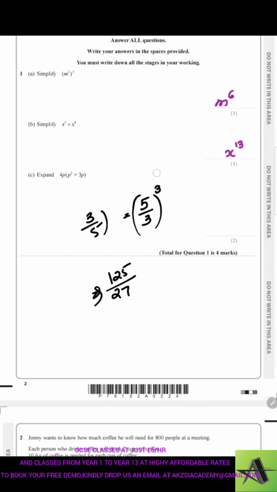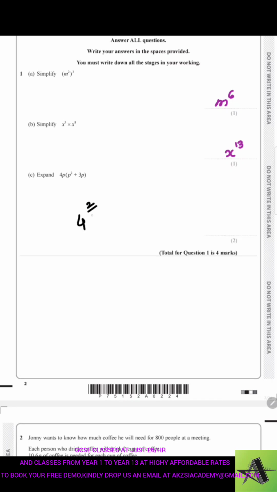The last one deals with the fractional indices. So if it's 4 to the power of 2 over 3, or let me take one more simple, let's say 32 to the power of 3 over 5. The best way to solve any fractional indices is to simplify your base number.